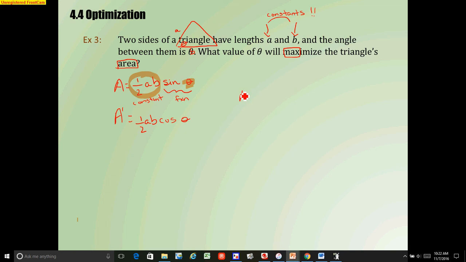So I'm going to make a number line for A prime, and I'm going to look for places where A prime is equal to 0, and since I'm trying to maximize, I want to find where the derivative changes from positive to negative. So I set the derivative equal to 0.